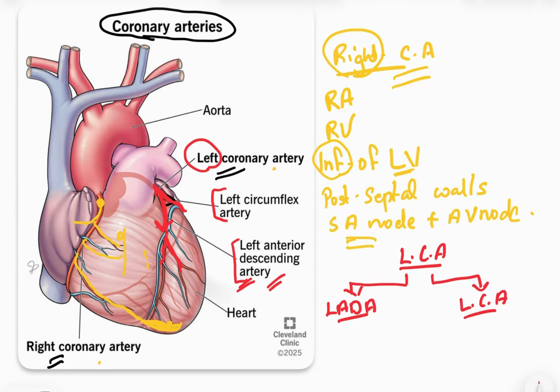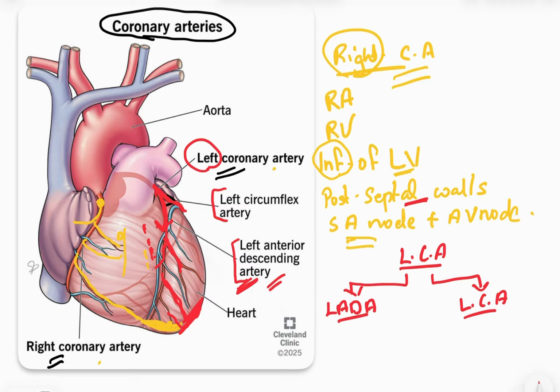and the anterior ventricular septum. You can see the septum here. We said the posterior wall of the septum is supplied by the right coronary artery. The anterior wall of the septum is supplied by the left anterior descending artery, and the apex of the left ventricle. We already learned about the apex and base of the heart in detail in the first video, the anatomy of the heart part A. So the apex, this last conical portion, also has its blood supply from the left anterior descending artery.